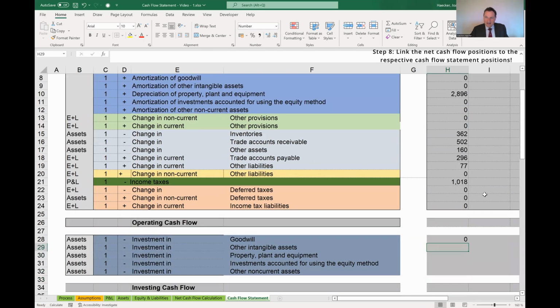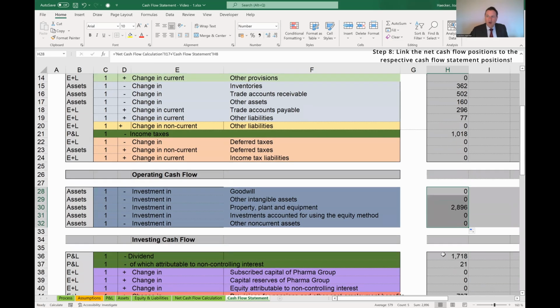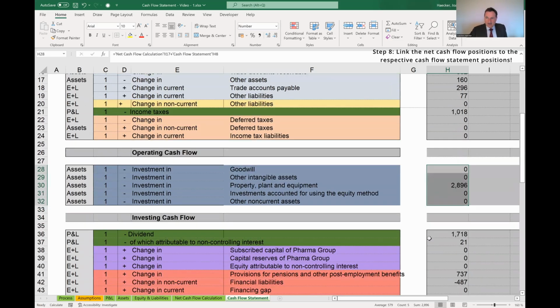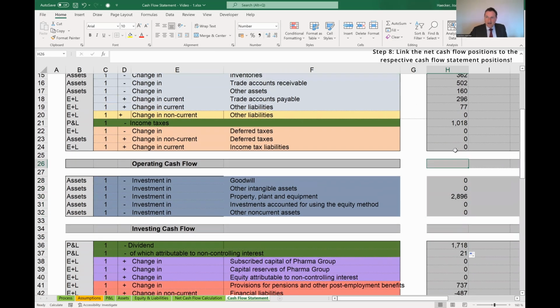So basically, I always calculate the CapEx as change in intangible assets plus the respective depreciation and amortization. So I can pull it all the way down. And now let's have a look whether we made any mistake.